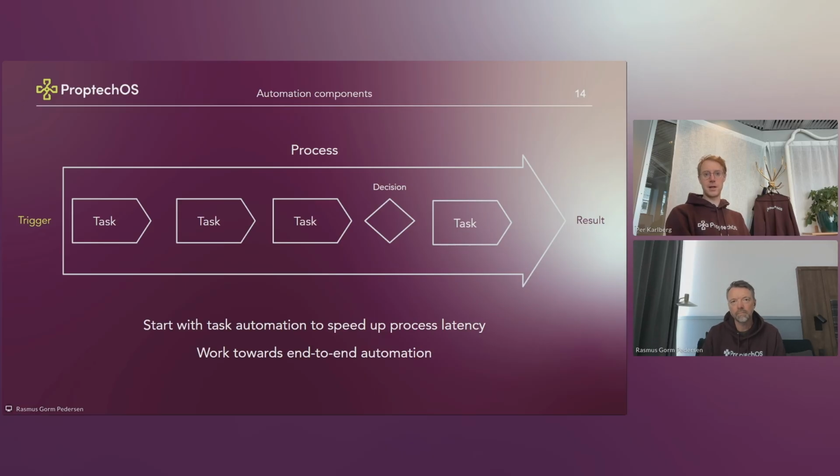But another thing before we move on: for FM processes, you don't need to automate the entire process end to end to start with. Rather, you pick some tasks that have a high value in automating, or that are easy to automate, or even better if they are a combination of the two.